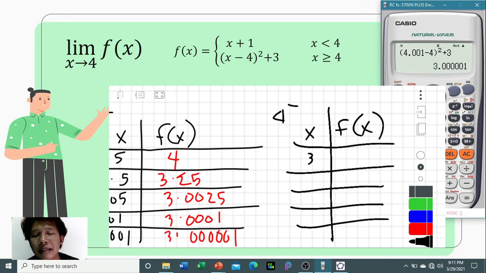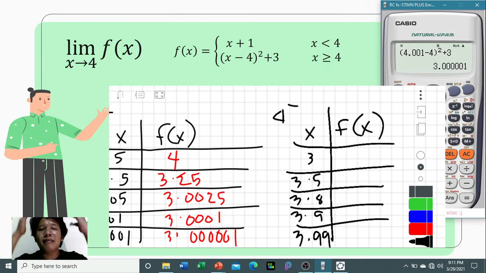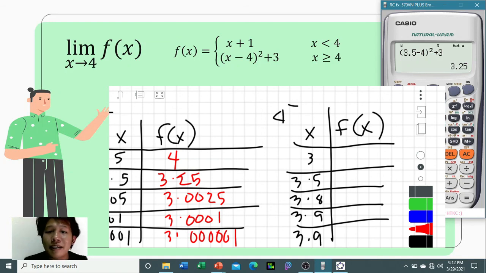So 3, lalapit tayo ng lalapit kay 4. So that would be 3.5, then we have 3.8, we have 3.9, then we have 3.99. So it's up to you kung anong values po as long as it really approaches to the certain value of A.